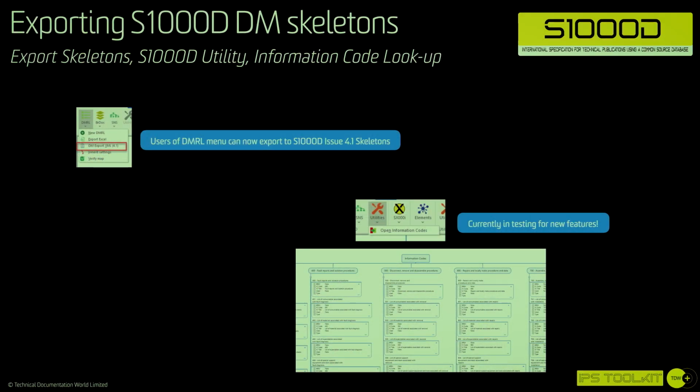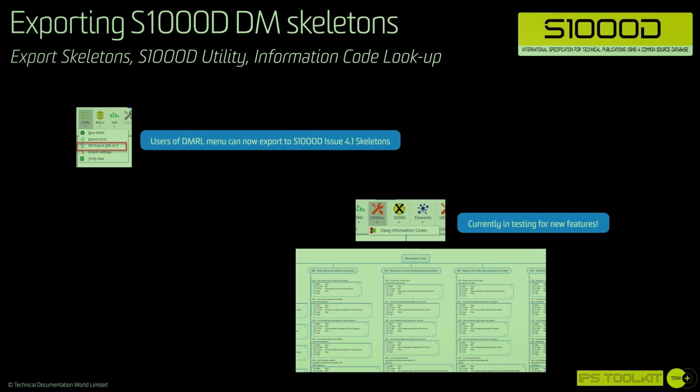So depending on the methodology you're using for DMRL creation, you can now export issue 4.1 XML skeletons. The majority of our clients are at 4.1. So we've got one customer that's working at 2.2, so we may have to include an export for that. But the majority are there. So you can now export those skeletons as well.